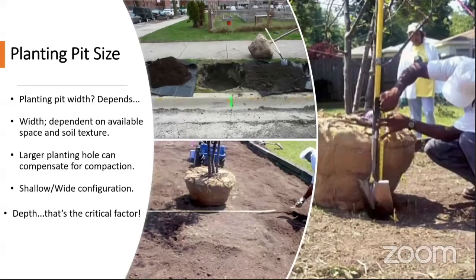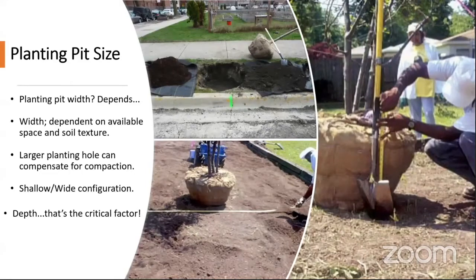So for example, if you have, as you see in the middle picture there, a 2-foot ball across, follow what is considered the guidelines for planting two to three times the size. Let's say we're going to go the max and give the tree all it can. Well, that would mean a 2-foot ball would require a 6-foot wide hole.